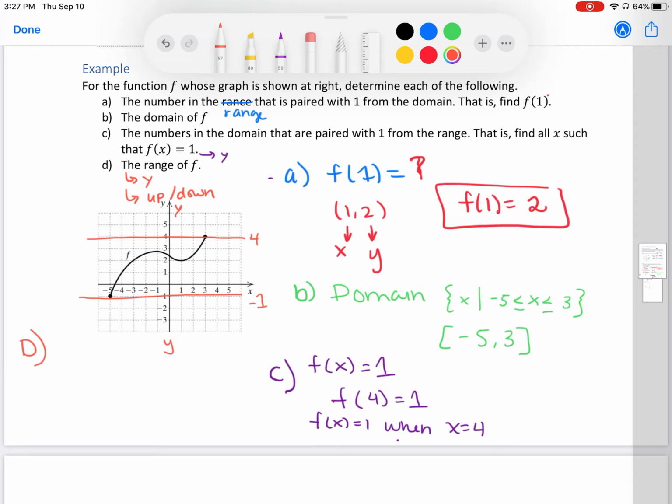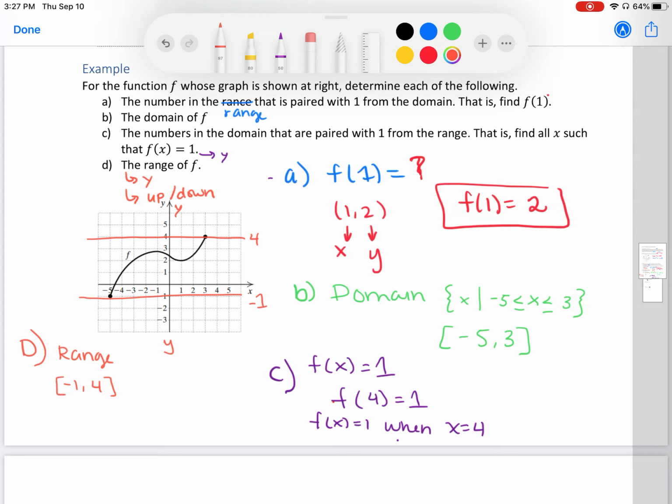So this is a description of our range, which is our y output. All right, so for your range, remember, think of your y's. Our answer, our range would be between -1 and 4. So in interval notation, -1 through 4.